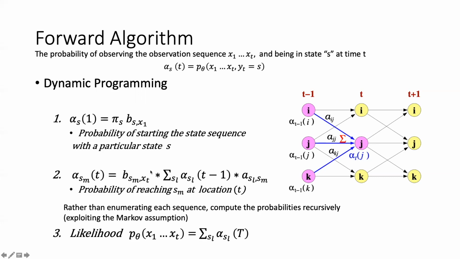Similarly, for alpha s of t from the initial state to the successive states, we can make use of the recursive approach using the previous alphas and compute it efficiently rather than enumerating each sequence. Compute the probabilities recursively using the Markovian assumption. That's the idea here.